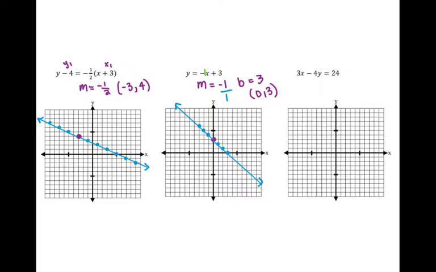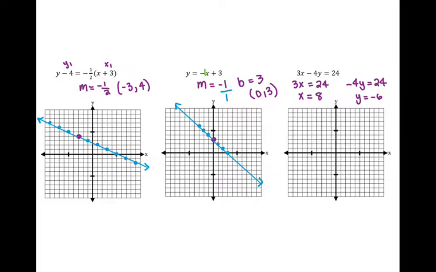And this one is in standard form. With standard form, you can use your x and y intercepts. For my x-intercept, I'm going to solve for x, plugging in 0 for y. For my y-intercept, I'm going to solve for y by plugging in 0 for x. So I get x equals 8 and y equals -6.